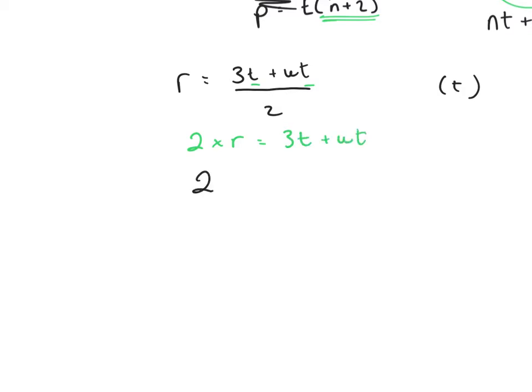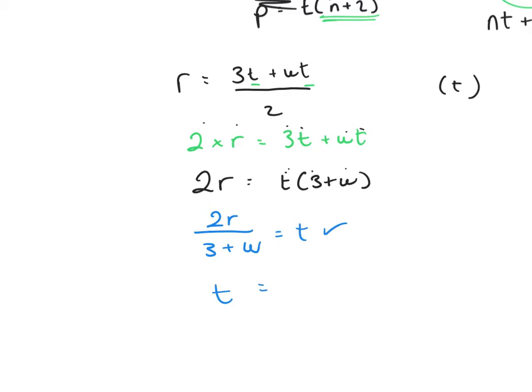We can then take out the common factor of t, so 2r equals t bracket 3 plus w, since t times 3 is 3t and t times w is wt. We want to isolate t on its own, so t is getting multiplied by 3 plus w, so we eliminate that by dividing by 3 plus w. And there we go, final answer, t equals 2r over 3 plus w.